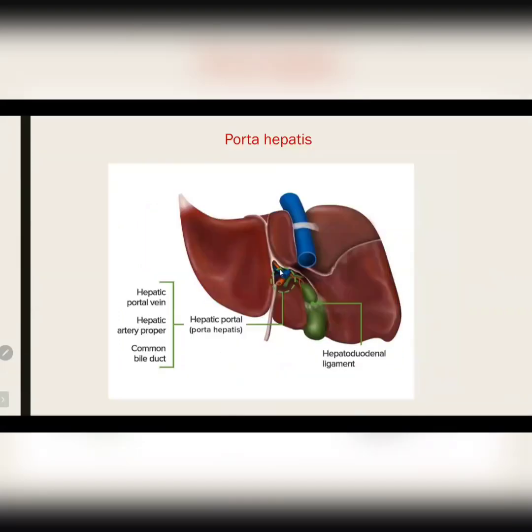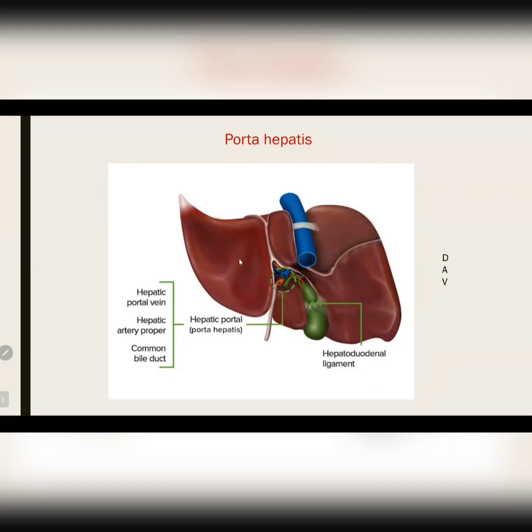Okay. Finally, structures at the porta hepatis. Just for your easy memory: when you're looking at the liver from the posterior view, the anterior area will be here, and near the inferior vena cava is the posterior aspect.